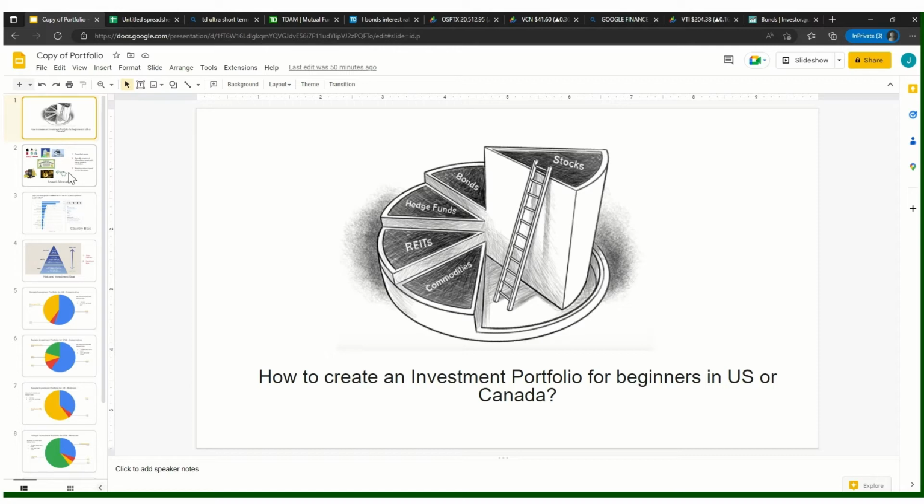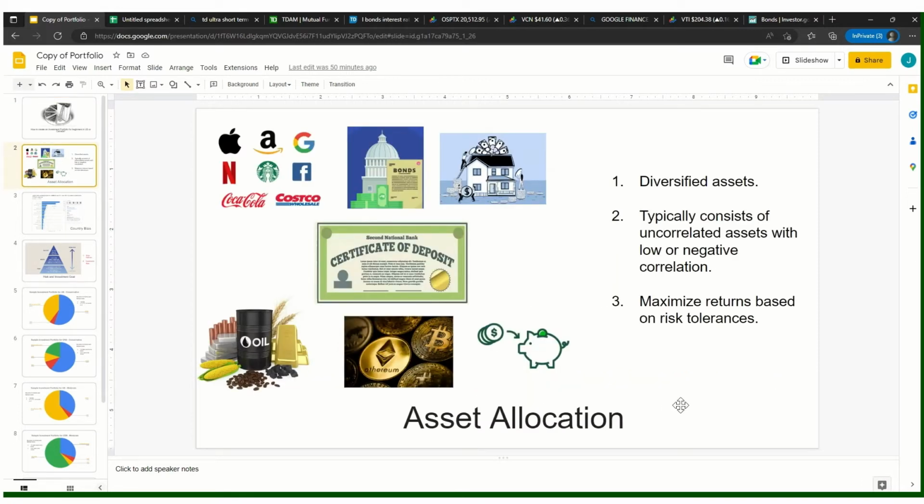So how to create an investment portfolio for beginners in US and Canada. So first of all, we want to understand what asset allocation is all about. There are three key things when it comes to asset allocation. Basically, asset allocation is nothing but the money that you want to invest in various investment vehicles.